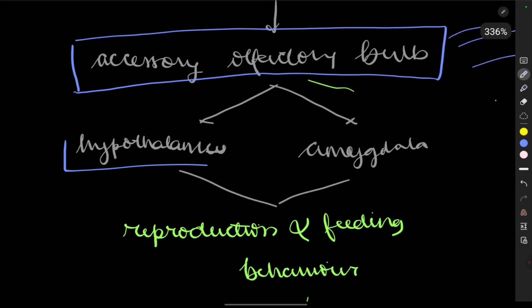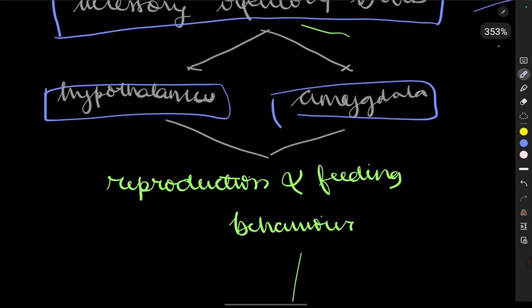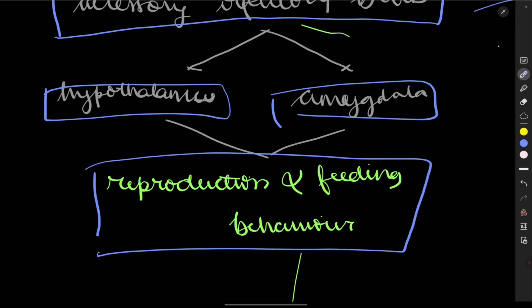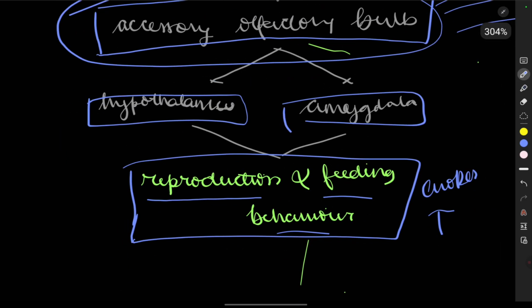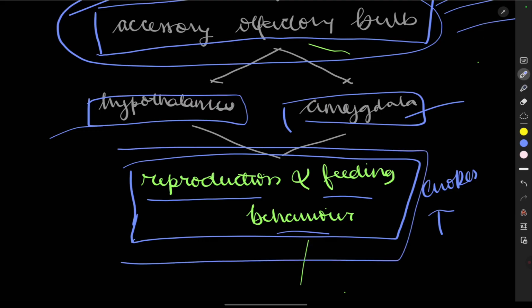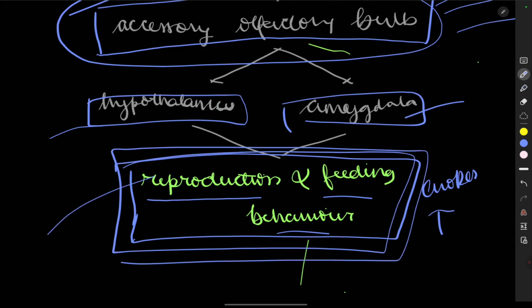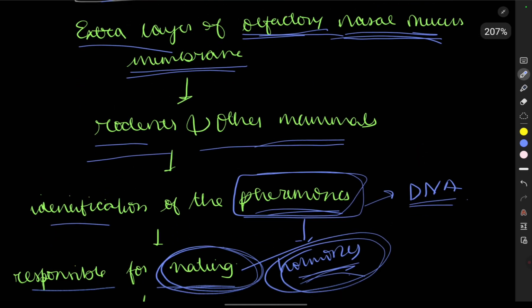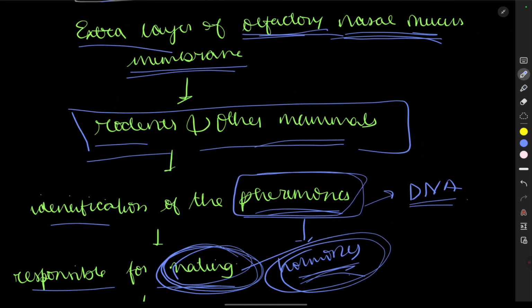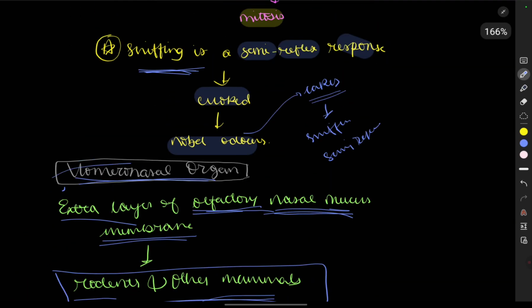Then it goes to the hypothalamus and the amygdala, and it stimulates the reproductive and feeding behavior. So the vomeronasal organ, through the accessory olfactory bulb to the hypothalamus and amygdala, stimulates reproductive and feeding behavior. That is why it is said to help in mating in rodents and other mammals.